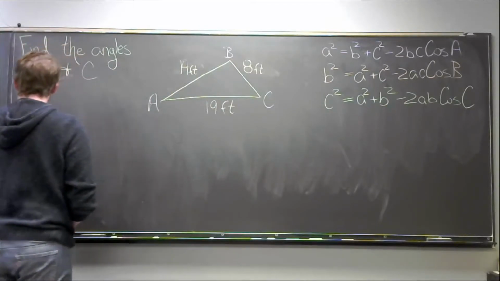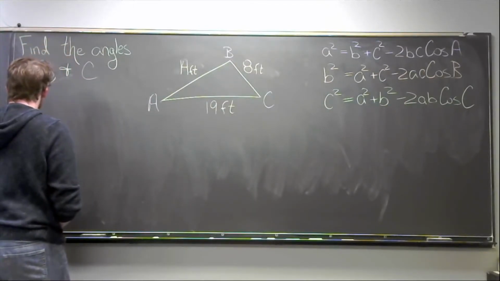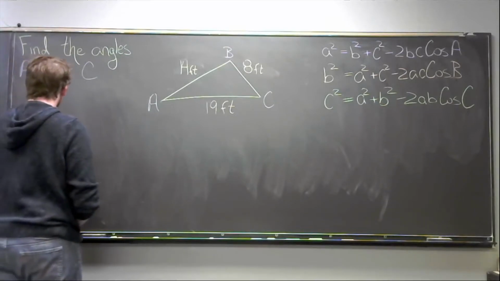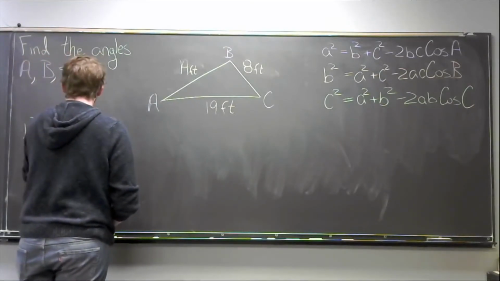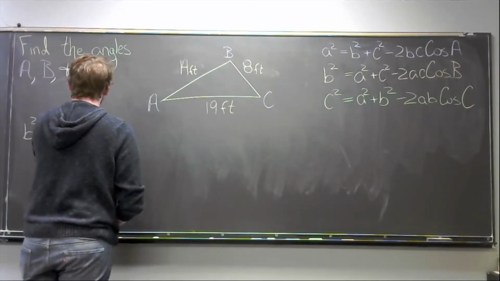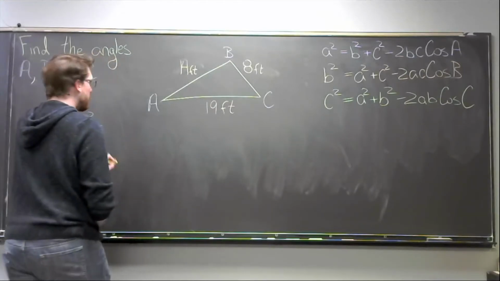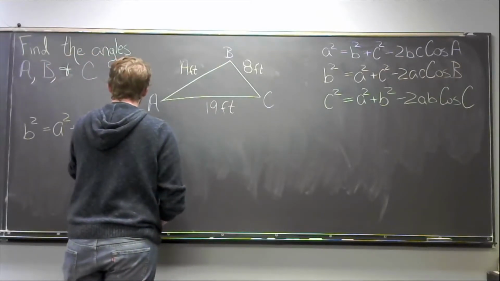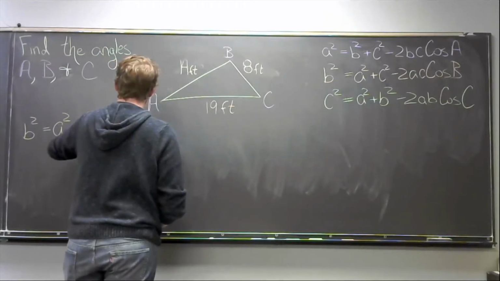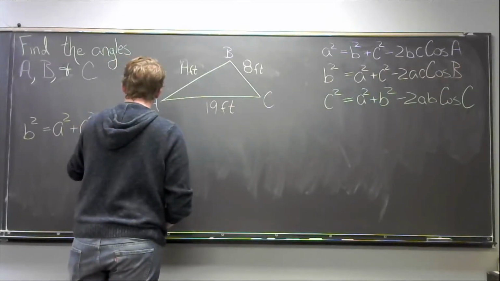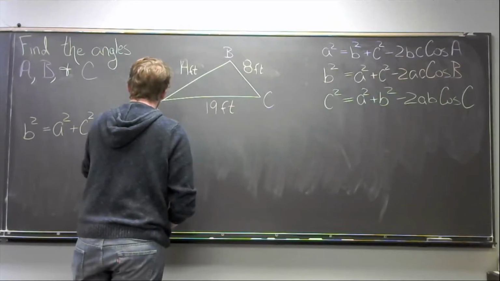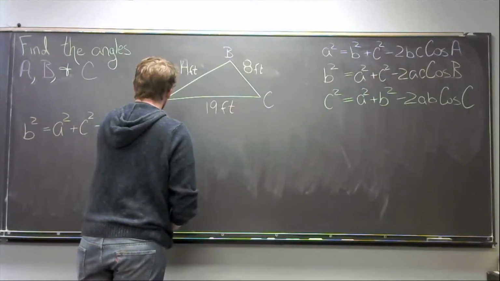So doing that really quick, we've got b squared is equal to a squared plus c squared minus 2ab, my mistake, 2ac times the cosine of b.